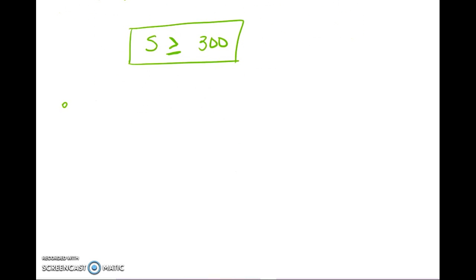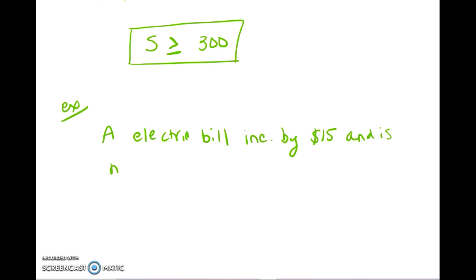Let's do one more quick one. You only have a couple of these, but I think that they're worth playing around with. An electric bill increases by $15 and is now more than $80.